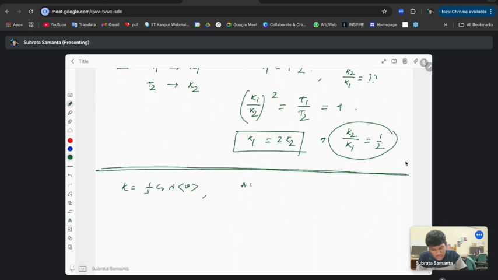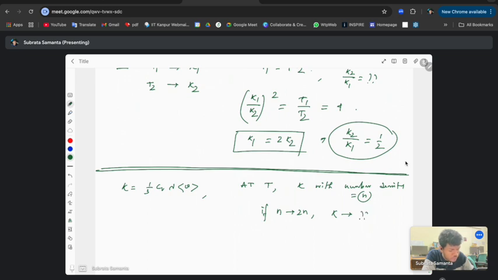At temperature T, kappa corresponds to number density N. Now if we change the number density N to 2N, how does kappa change?